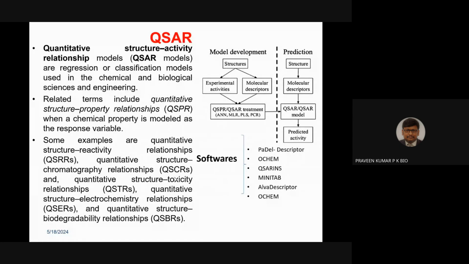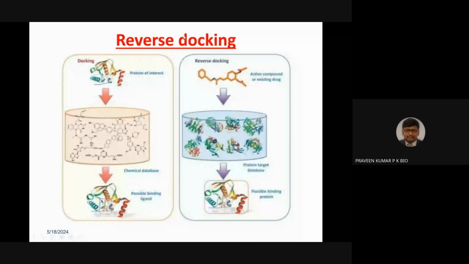If it is very difficult for you to predict these kinds of relations, you can build relations to the chromatography, the QSCS, and you will be able to predict it. Likewise, you have toxicity relationships, electrochemistry relationships, and biodegradability relationships.